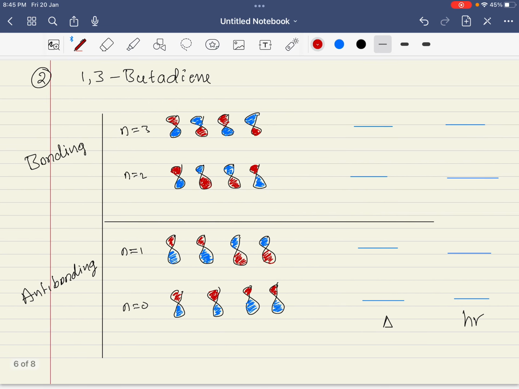Next we shall see the molecular orbital diagram of 1,3-butadiene. For 1,3-butadiene, the molecular formula is CH2 double bond CH, CH double bond CH2. There are 2 pi bonds here.